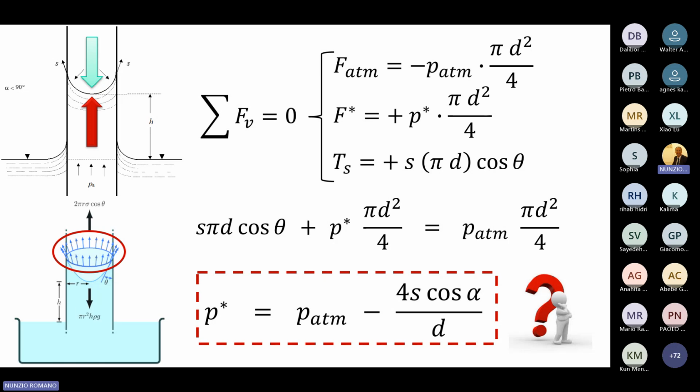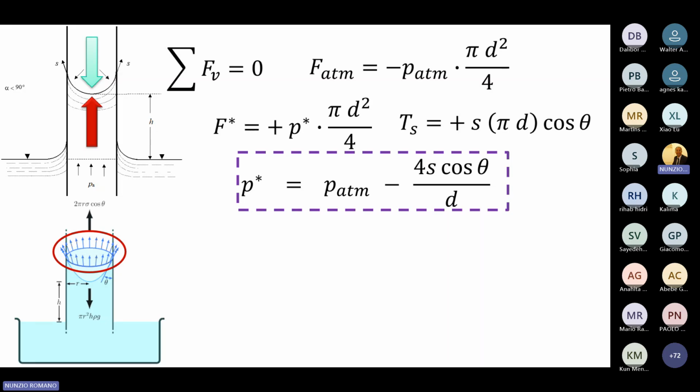With your mouth you generate a suction, and this is what happens in a capillary tube. There is a suction because of the adhesive and cohesive forces, and because of the very small diameter of the capillary tube, these generate a negative pressure, a pressure below the atmosphere. So this pressure generates a capillary rise.